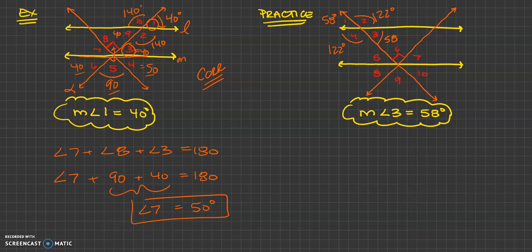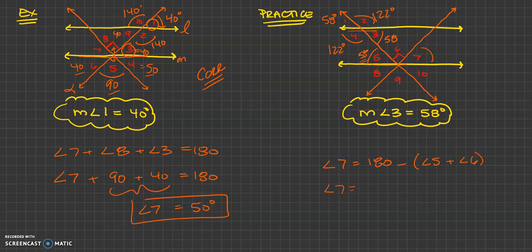Now we think of corresponding. Angle 5 corresponds to angle 1. We know that because of this parallel line and that parallel line and how they work together with the transversal. All right, I know that's 58, that's 90, so the measure of angle 7 is going to equal 180 minus angle 5 plus angle 6.